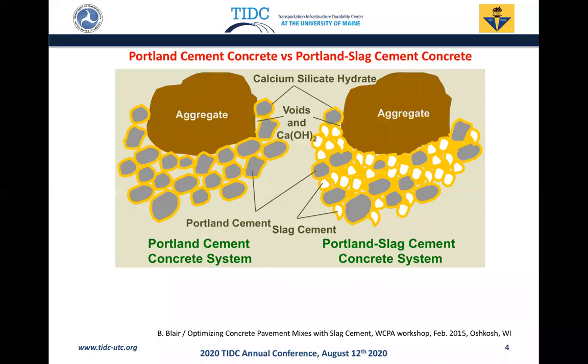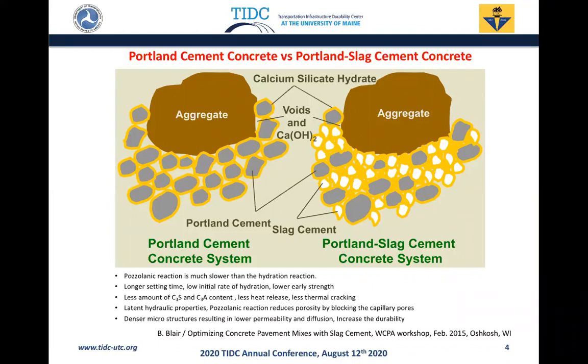Here is a picture that we can compare Portland cement concrete system versus Portland slag cement concrete system. At the left, you can see that we only have cement grains and hydration, but here we have cement grains and some slag. The slag will have some pozzolanic reaction and result in a better and denser microstructure.